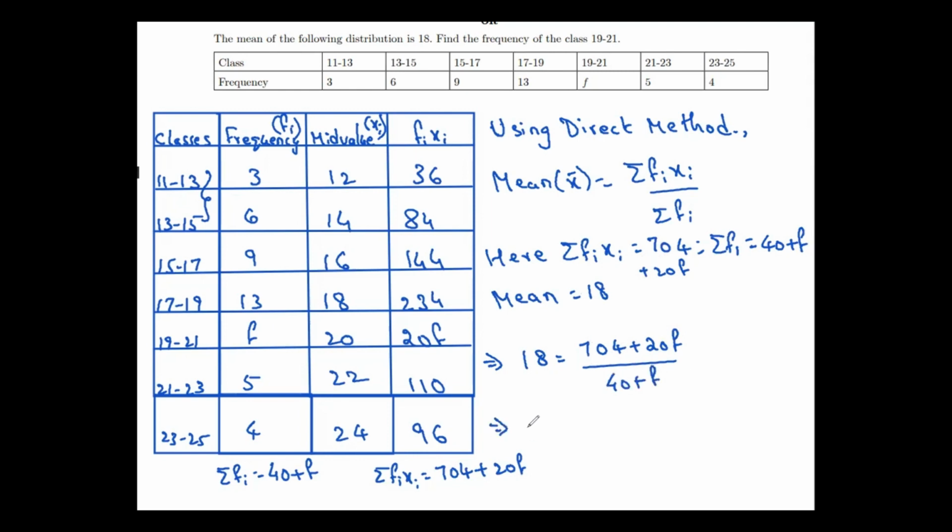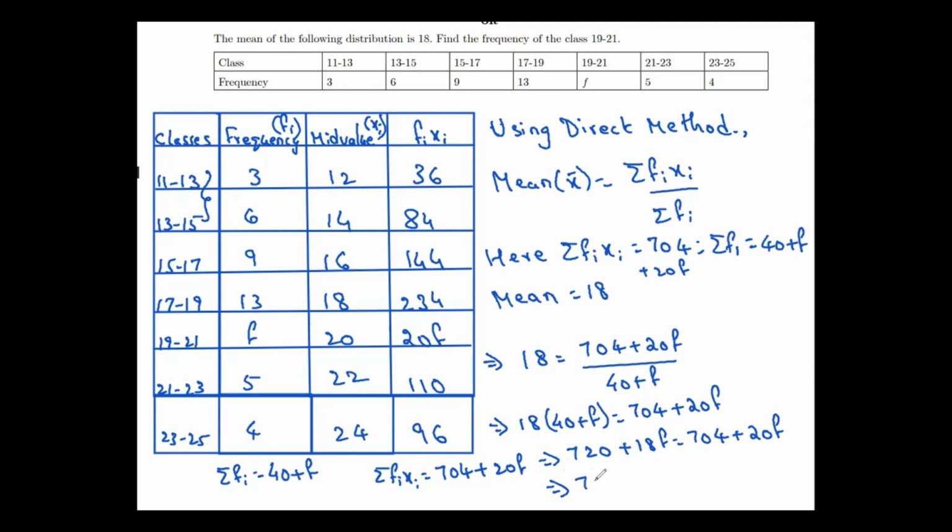Let's do cross multiplication. 18 times (40 plus f) is equal to 704 plus 20f. So 18 fours 720 plus 18f is equal to 704 plus 20f.